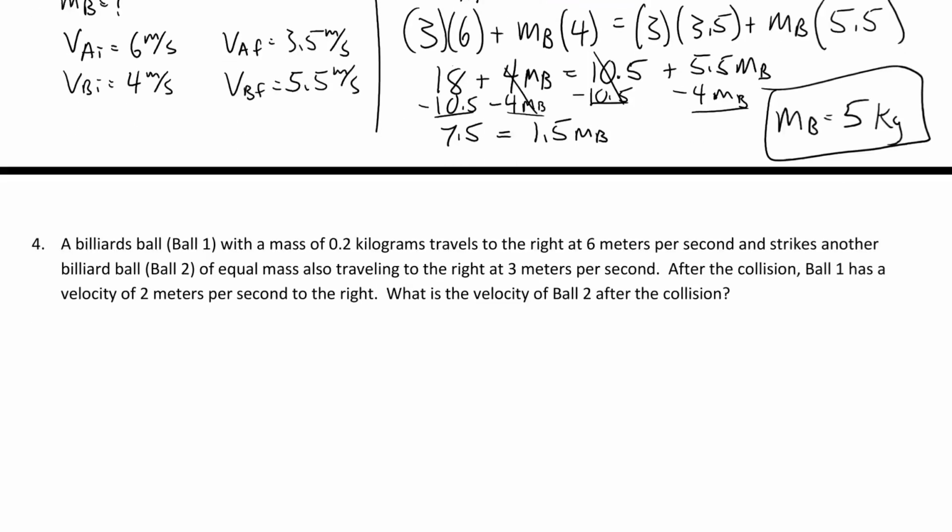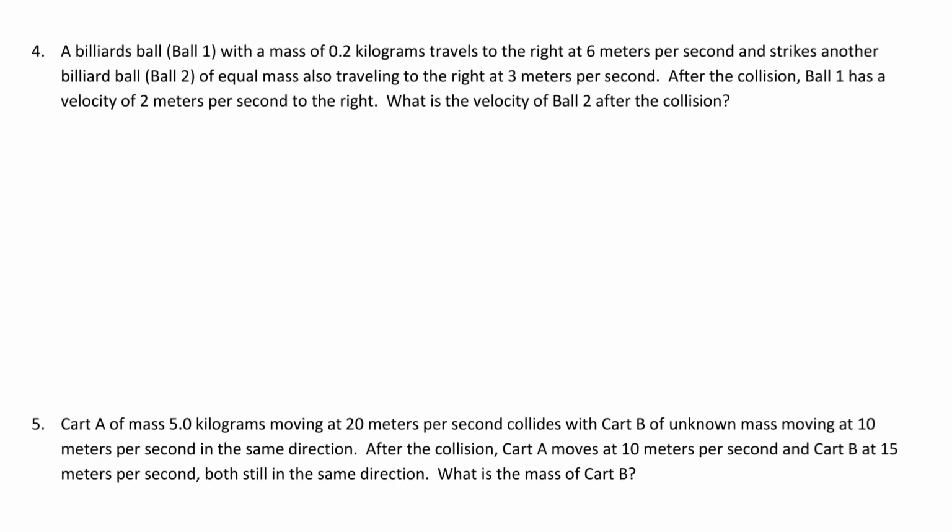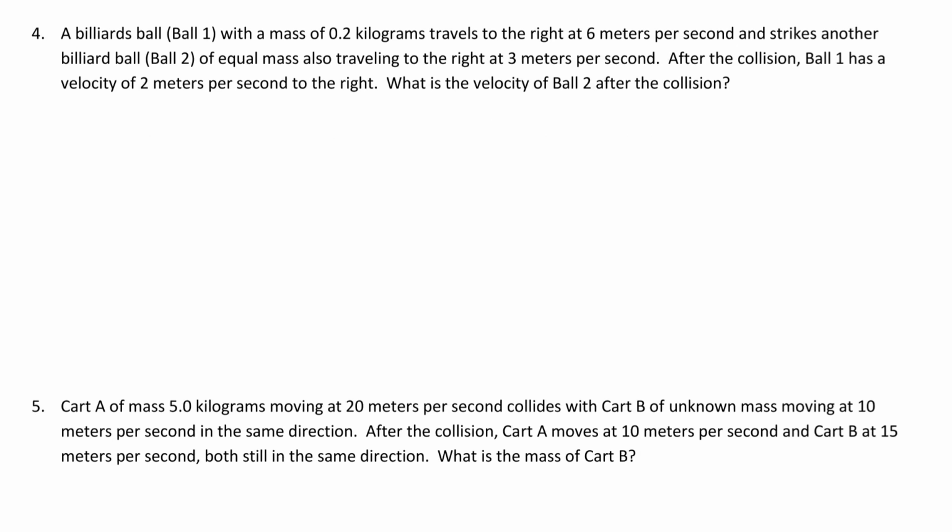Now, on the back sheet, there's no more diagrams to help you, so you have to really be careful when you're writing your givens and your unknowns. Most of the time, there won't be a diagram. So it says a billiards ball, which we'll call ball 1, has a mass of 0.2 kilograms. So the mass of 1 is 0.2 kilograms. And it's traveling to the right at 6 meters per second.